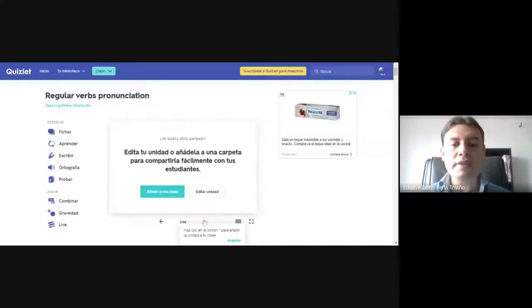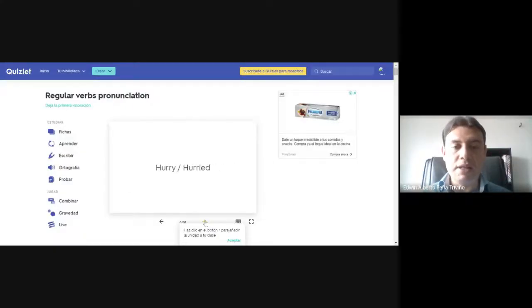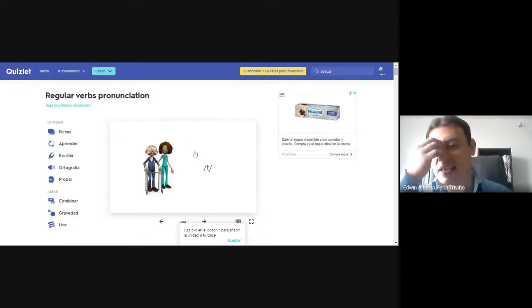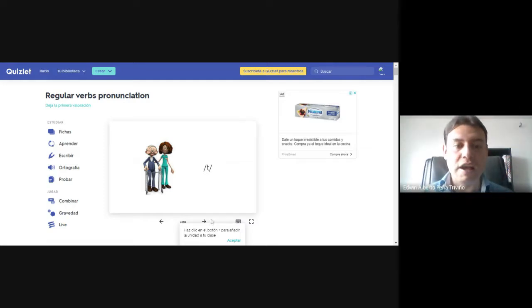We have another one, accept. In this case, as it finishes in the letter T, the ed is going to be pronounced id, accepted. And another one, the verb help, which finishes in the letter P, a voiceless sound, is going to be a T, so helped. You can practice with this Quizlet. It is a very interesting way to learn. You have flashcards, and then you can play.